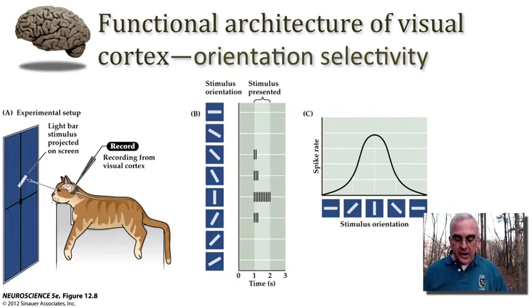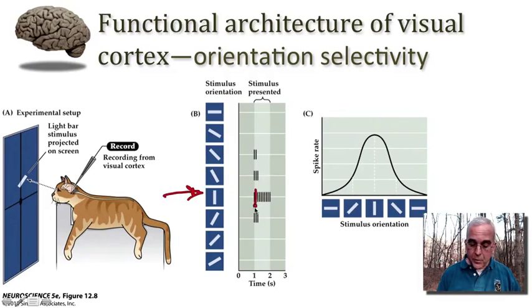Okay, so here in the middle panel, we see a representation of data recorded from one such experiment, and the microelectrode tip happens to be sitting next to a cell that responds best to vertical stimuli. So when the preferred stimulus is presented, there's a robust discharge of action potentials from that cell. But as the orientation, or as the angle of that stimulus, is shifted away from vertical, the response gets less and less.